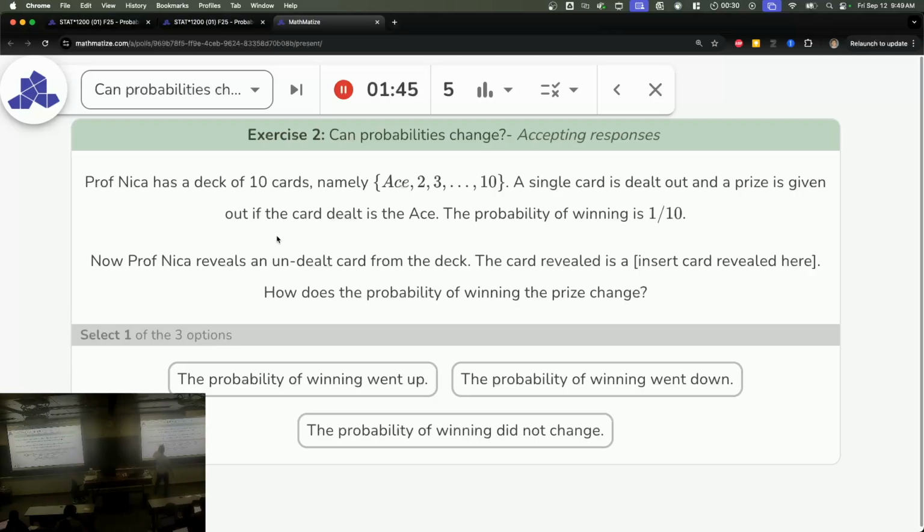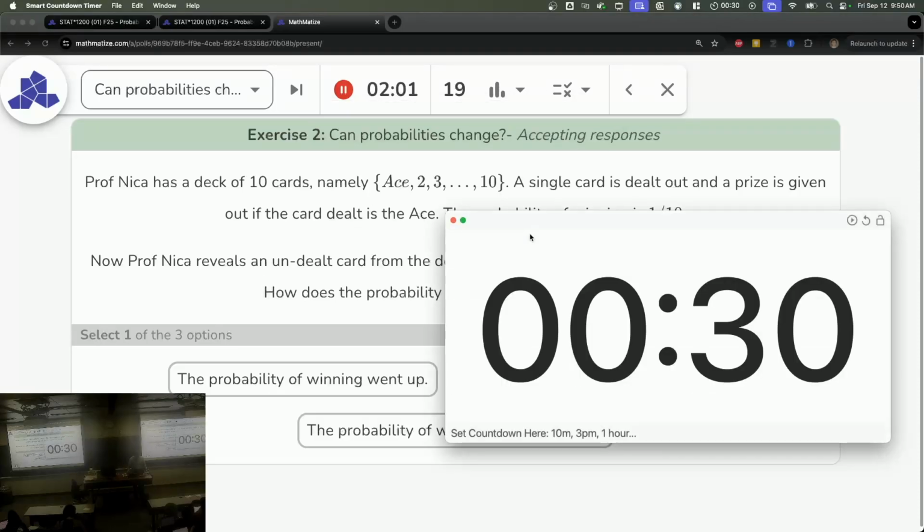Now the question: the card revealed is the 2. How does the probability of winning the prize change? Did the probability go up? Did the probability go down? Did the probability not change? That is your question to consider. I'll give you 1 minute to think about this. Did the probability change? And if so, by how much?